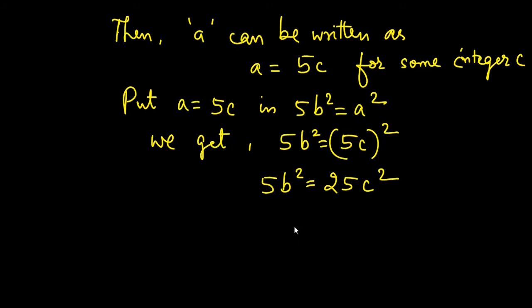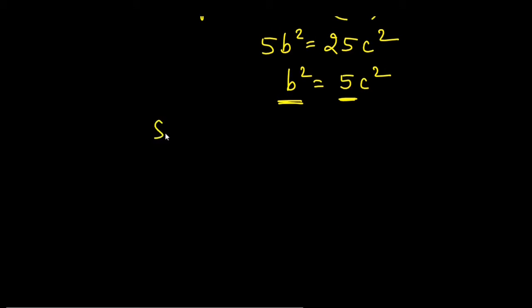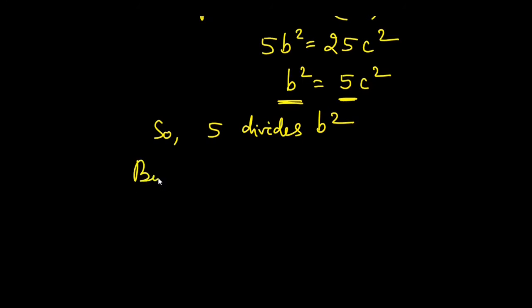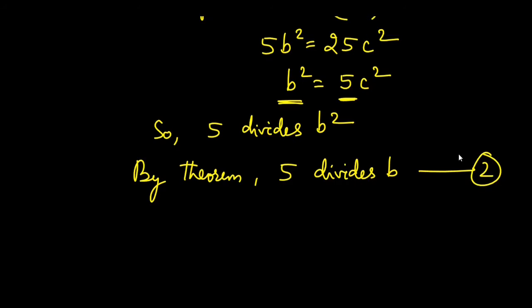Cancelling out 5 on both sides, we get here 5 is a factor of b square. So 5 divides b square. By theorem, 5 divides b. This is the second result we have got.